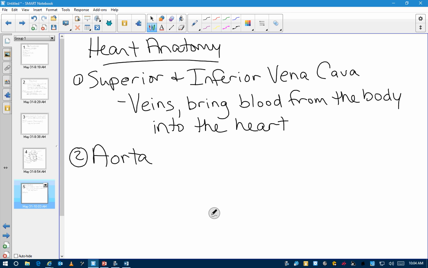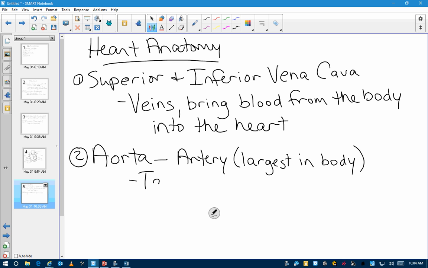So aorta is an artery, largest in body. And this one is going to take blood away from the heart out to the body.